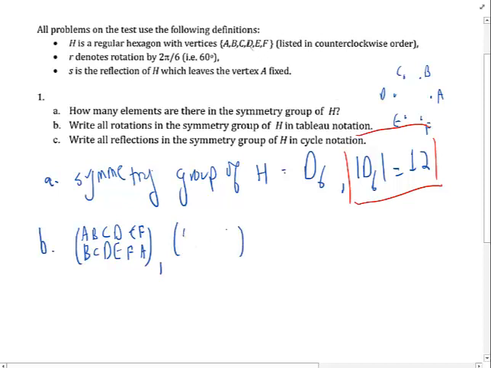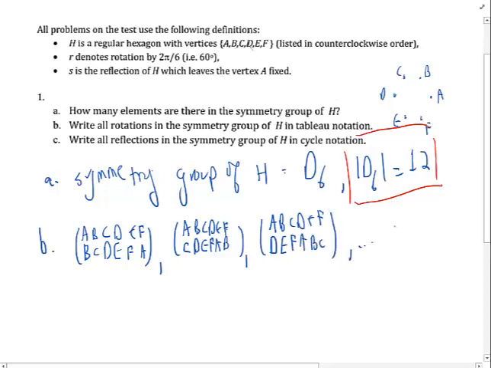Second one: A, B, C, D, E, F. Second row, in this case, A goes to C, and then each subsequent vertex goes to the subsequent vertex in the list. So that's C, D, E, F, A, B. Next one is A, B, C, D, E, F, and then instead of going to C, it goes to D, E, F, A, B, C. I'm not going to write them all out, but there's 6 altogether.